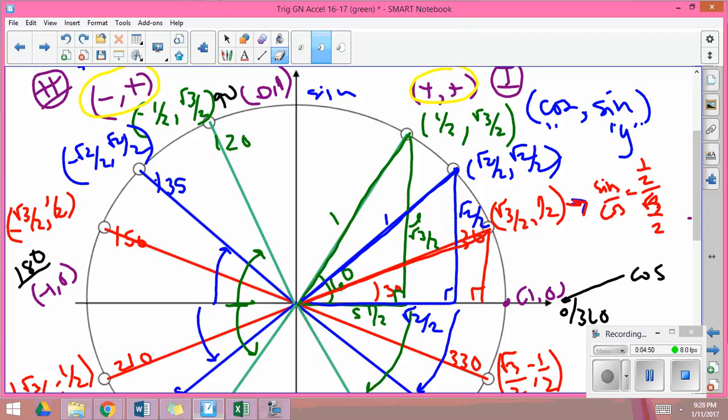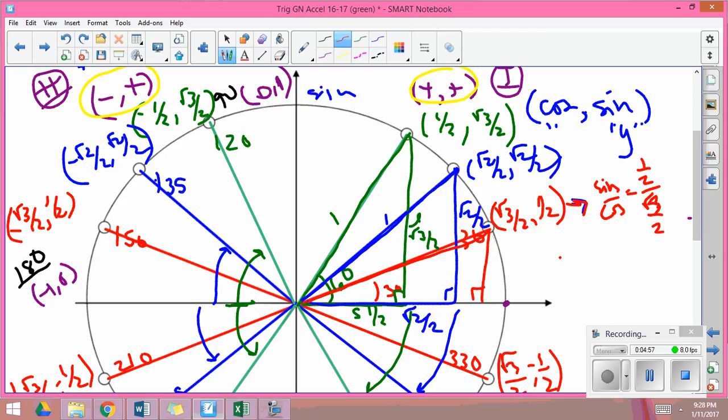When we think about how to simplify that fraction, when we divide fractions, we multiply by the reciprocal: 1/2 times 2 over the square root of 3. Your 2s cancel. You have to rationalize your denominator. And so the tangent of 30 is the square root of 3 over 3.